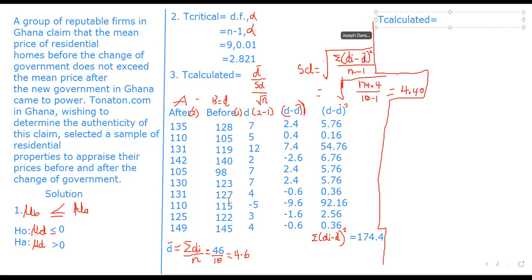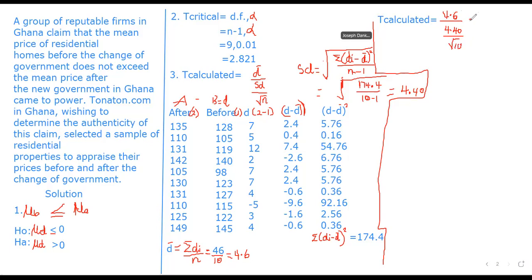The formula is here: D bar over SD over square root of 10. So what is D bar? D bar is 4.6. SD is 4.40, over the square root of 10.